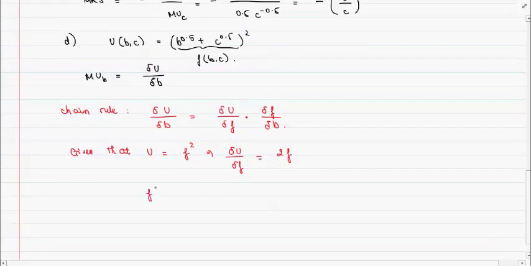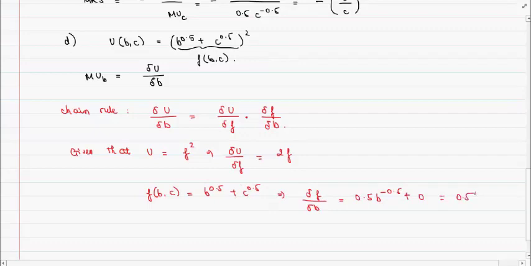Since we have f is equal to b^0.5 plus c^0.5, the change in f with respect to b, we just have to differentiate this function with respect to b, and that gives you 0.5 b to the power negative 0.5, and plus c, which just becomes 0.